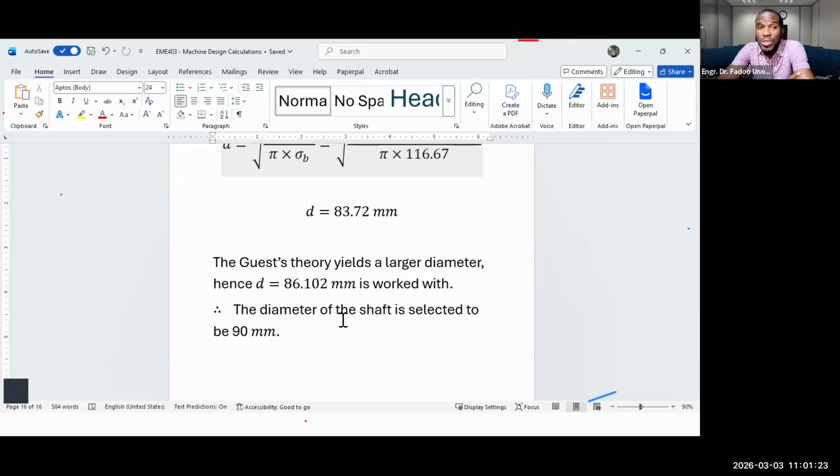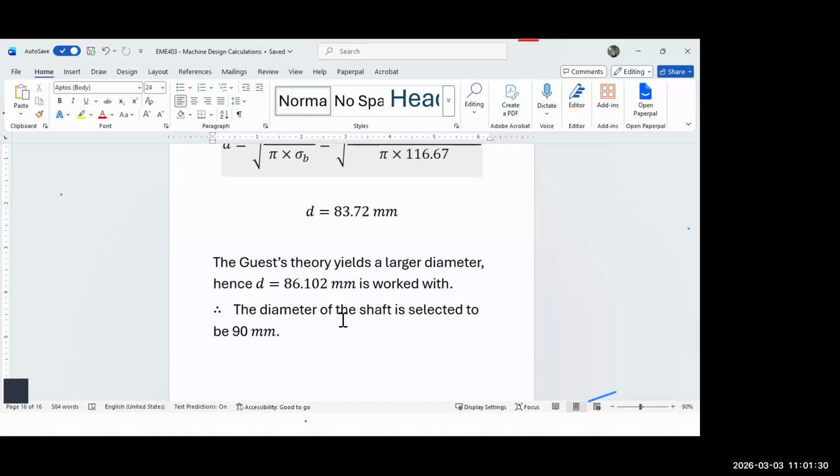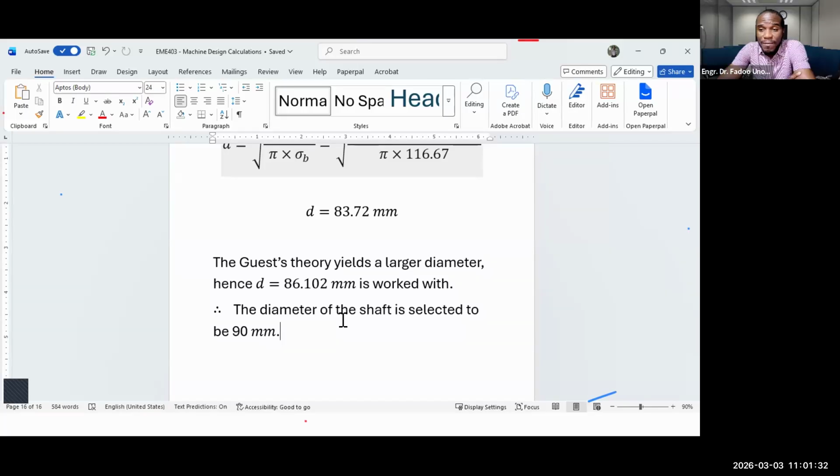I may just spend 1 minute to explain what is what in the equation, and then we'll go into examples so that we need to finish shaft quickly and get into bearings. Is that okay? There's a lot we need to do with bearings. Bearings is where you have to look at tables and know where to pull up what value. So we need to hurry up with this and move on to bearings.